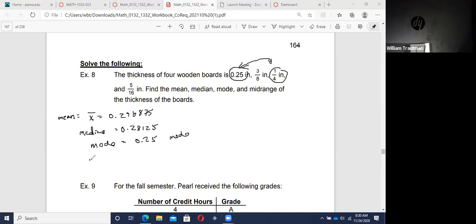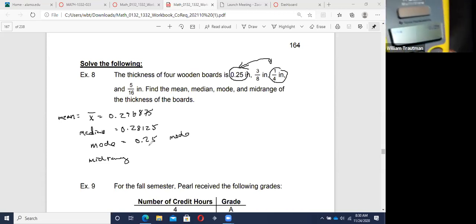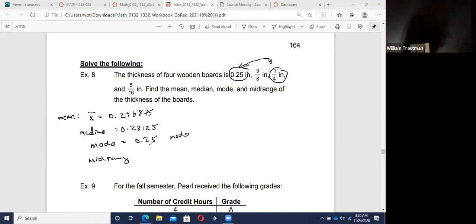And finally, mid-range. The highest piece of data. By the way, if you're not sure about that, you can just type in 1 divided by 4 on my calculator, and it gives you the decimal equivalent. Or you can hit the fraction decimal button on your calculator. Where is it?